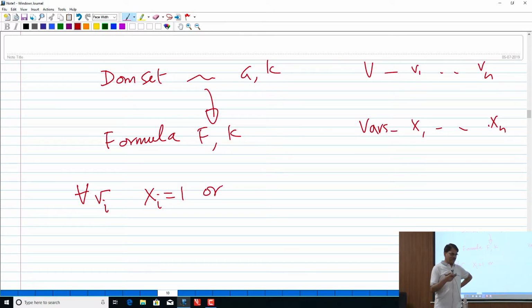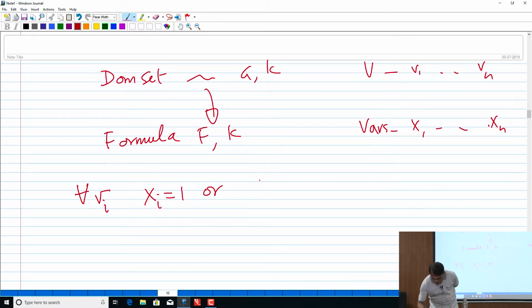Can you say it in logical language using there exists, for all kind of statement? Yeah, logical. There exists an or and. Yeah. So, or, union is more or here, Boolean or, right?